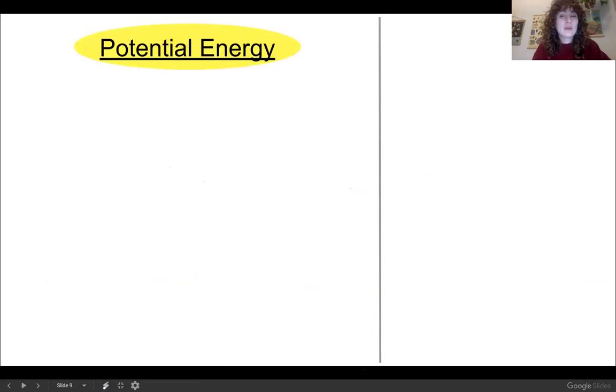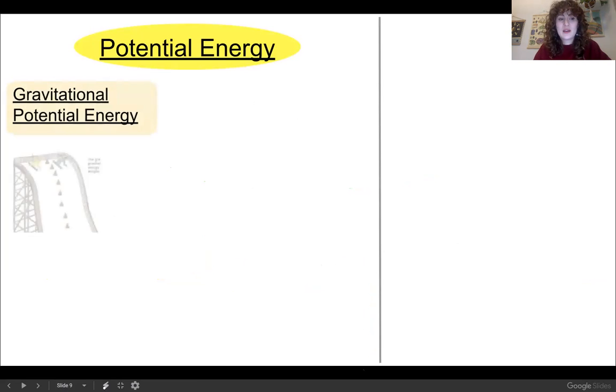Now, it gets a little bit more complicated because potential energy can be broken down into two different types as well. We have gravitational potential energy. Gravitational potential energy is pretty simple. It just means that something is high up and can fall or move down due to gravity. So gravity is all around us and it pulls things towards Earth.